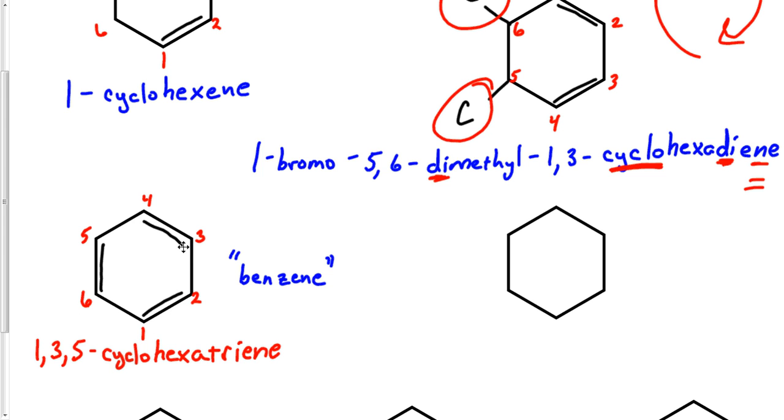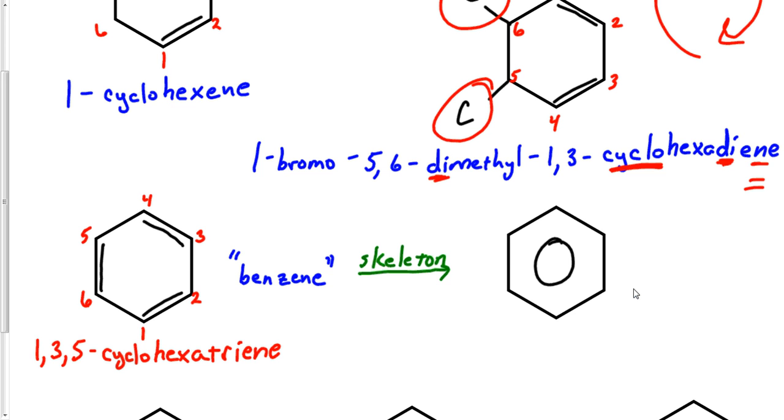Now, we've even got a way of writing this a little bit easier. So if you're trying to do the skeleton of benzene, the skeleton of benzene is you just draw your normal structure and put a circle like that. So whenever you see me do this, that represents this same bonding pattern that you see right here. That's just a skeleton. So if I saw that, I'd call it benzene.